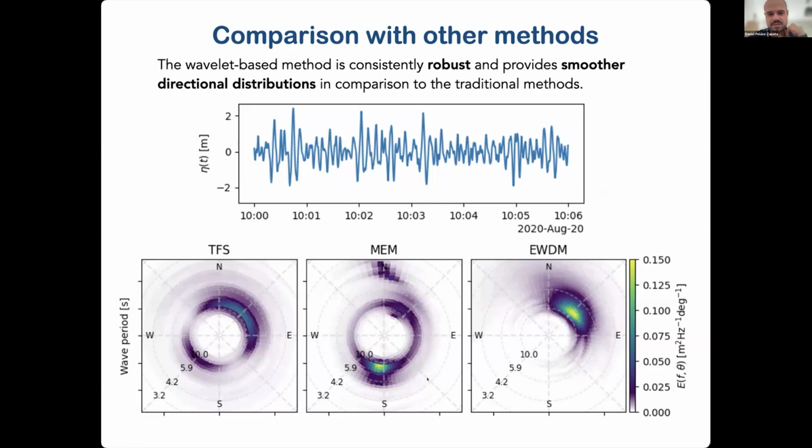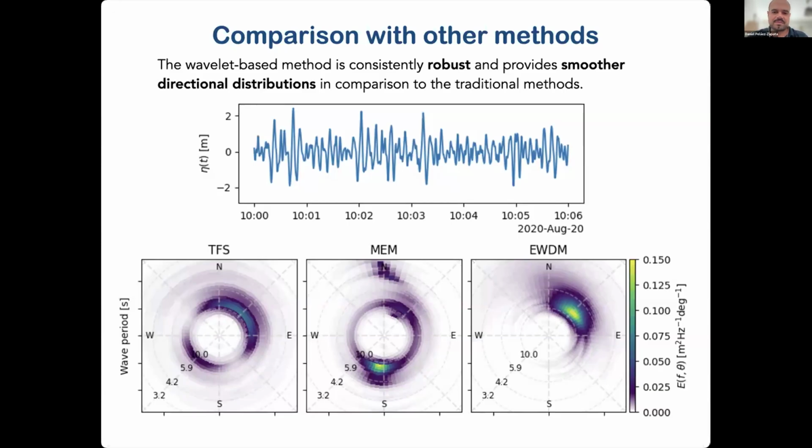The estimation of maximum entropy is completely off. I mean, it's not even capturing the main wave direction. And the wavelet-based estimation is more, say, realistic in terms of what we can expect from a directional spectrum.